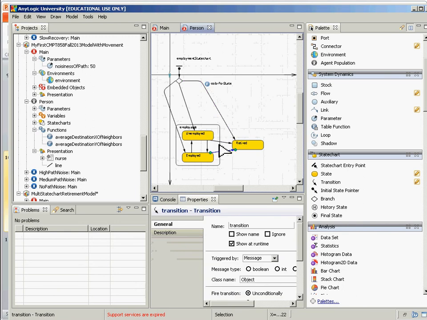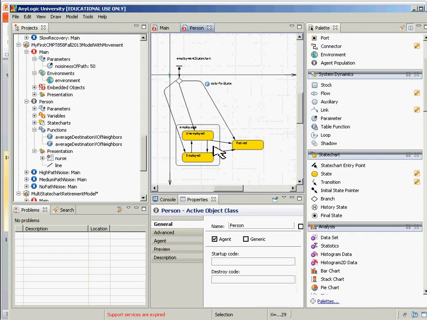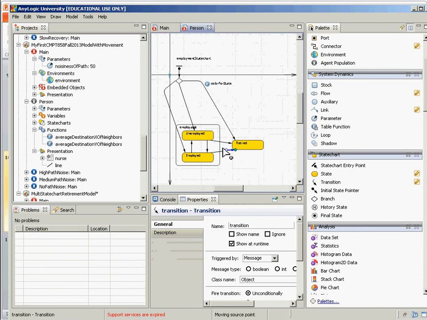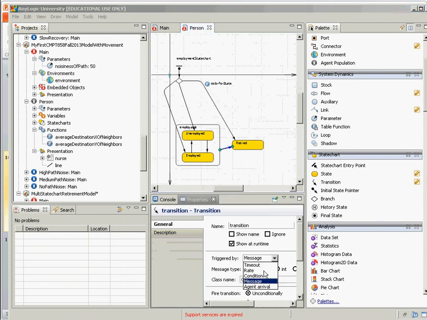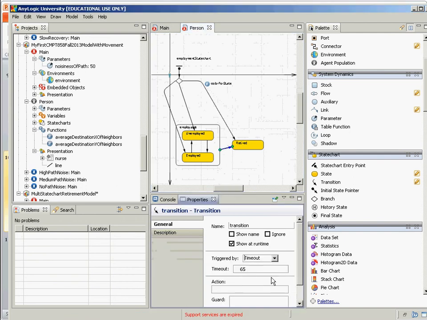We have one transition from here, one transition from here. This logic won't work if this was after 65 years, and this was after 65 years. Instead, let us make one transition from employable, and that transition goes off after 65 years.